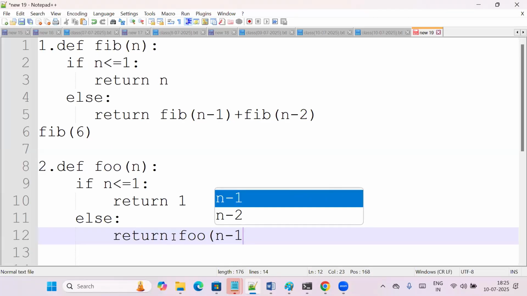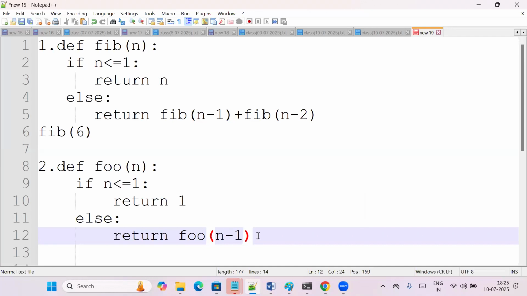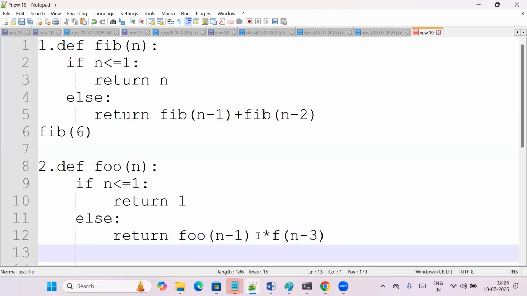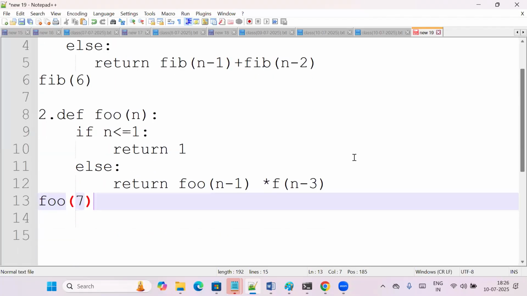See guys, I'm giving you a similar kind of question. Please try this one and let me know the answer. This is a simple question, guys. How much memory is allocated?